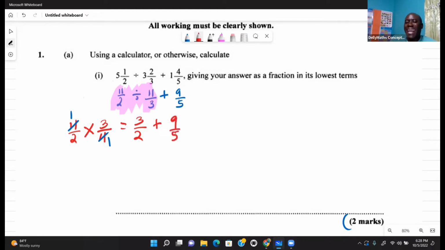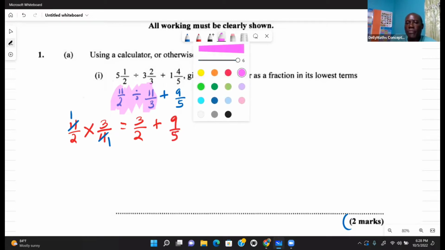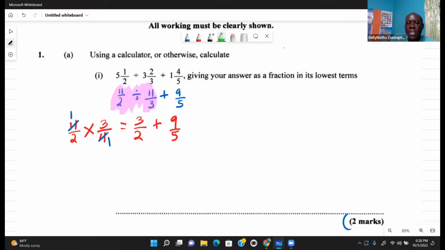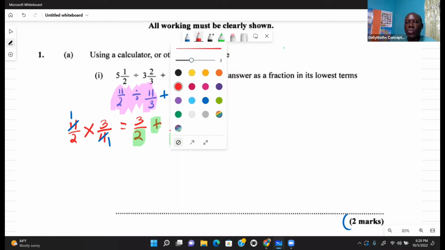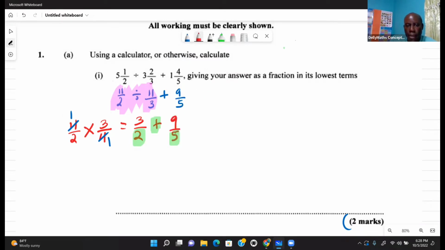The principle in adding fractions is that one has to take note of the denominators. The denominators are different when you're adding or subtracting fractions. When the denominators are different, we need to use what is called the LCM, right?